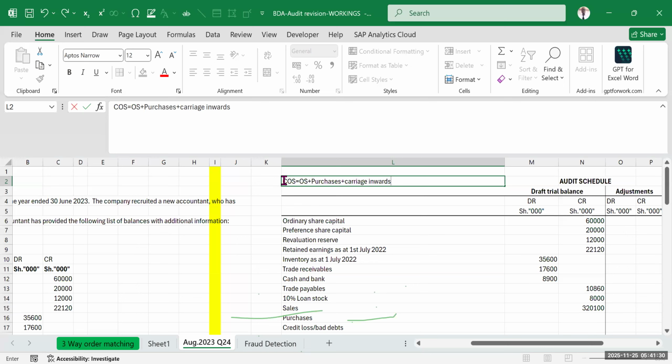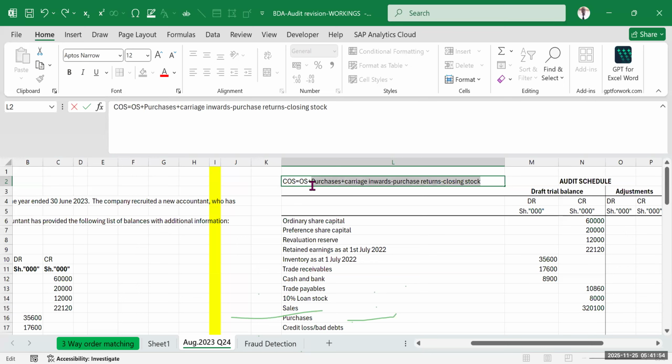Whatever you may have purchased and need to return, you return it. We call it purchase returns. These are elements that adjust to give us cost of sales. Then eventually we less any closing stock, so that we ask ourselves, what is the cost of the items that we sold, cost of sales.